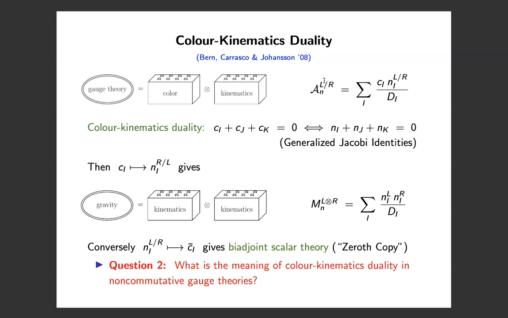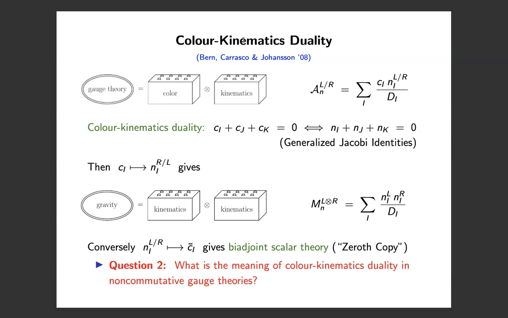And conversely, for the right one, you replace the color factor by a left one. And so you get an amplitude that looks like this. So the color is gone now. It's just given by products of these kinematic factors. And that's another way to construct these double copied gravitational amplitudes like I had before.